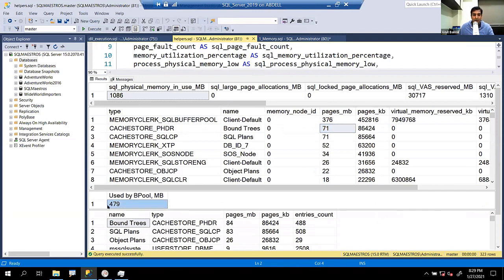The buffer pool is about 479 there, and these are the cache stores. Now, I'm going to execute the DLL, which is going to consume some amount of memory. And you will see that this is not happening via the 3-layered architecture, which means you will not see consumption from any clerk or any memory object.